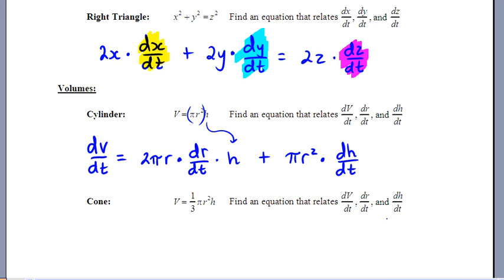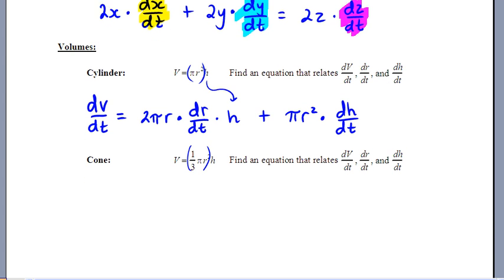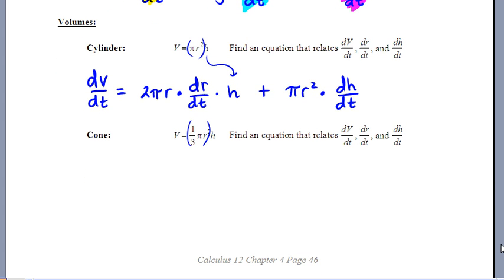So for this cone story, maybe I'll group the 1/3 with the pi r squared. And so I have to remember that I'm in the middle of a product rule. And I could say dV/dt, I'm doing a time derivative. Okay, here comes the first cheat here with a chain rule. I would say 2/3 pi times r, and then times dr/dt.